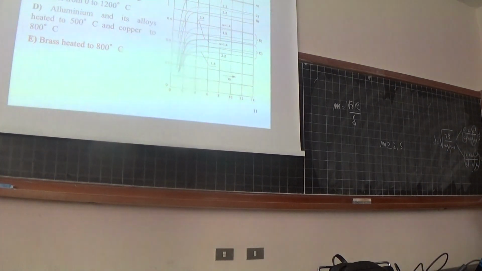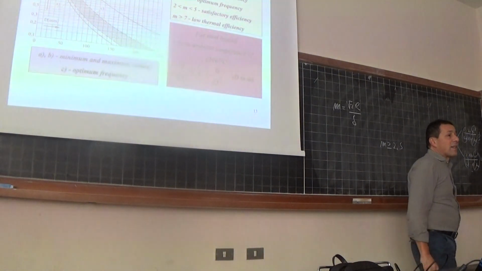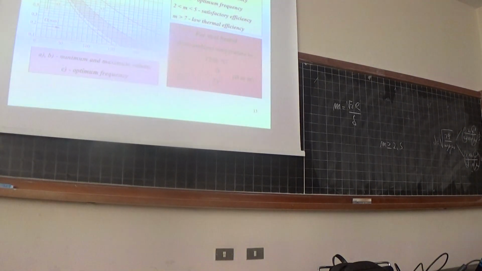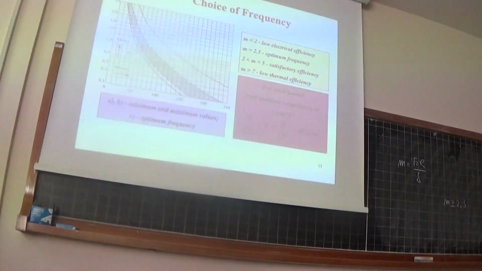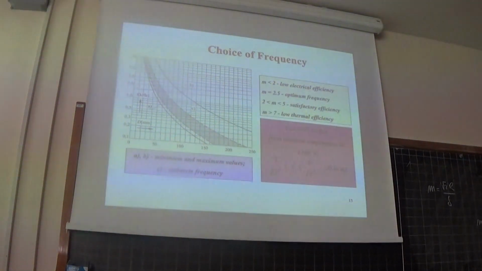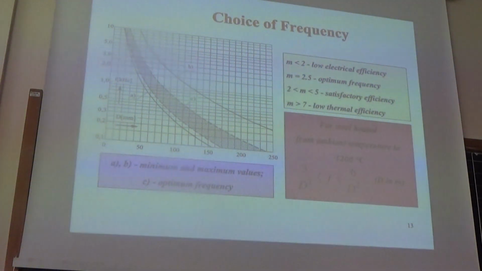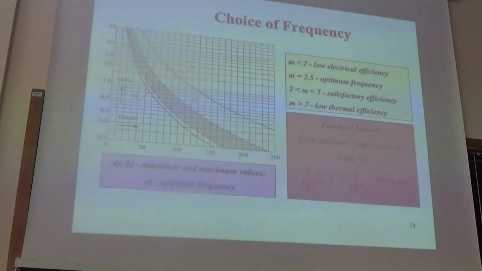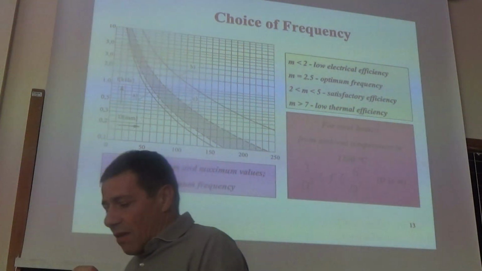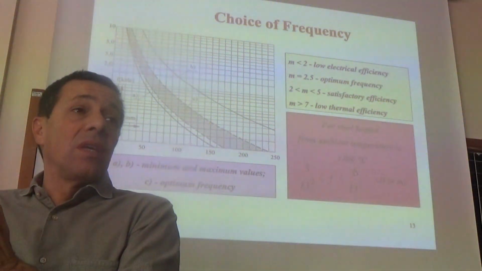So, coming from this statement, this main view, I can try to put in a diagram the frequency, because the only parameter I'm able to choose is the frequency. If you remember, the diameter of the inductor is mainly due to the diameter of the billet.